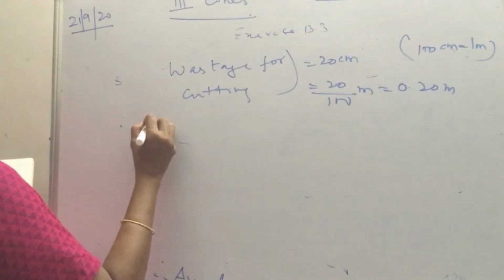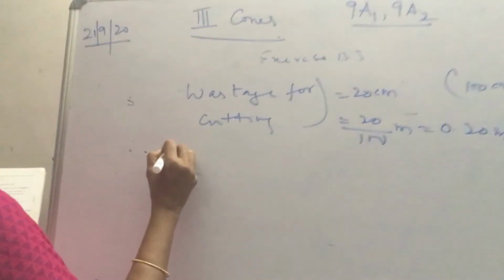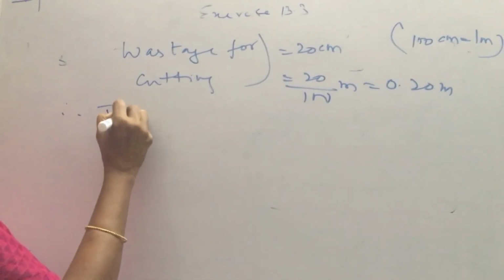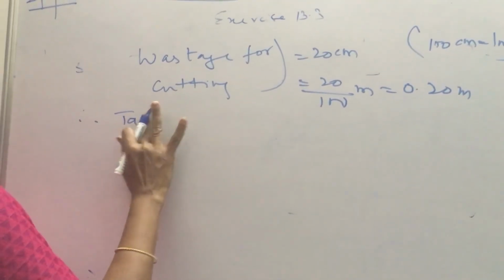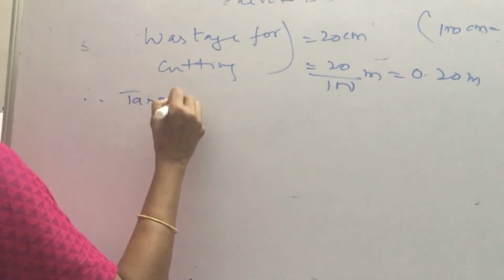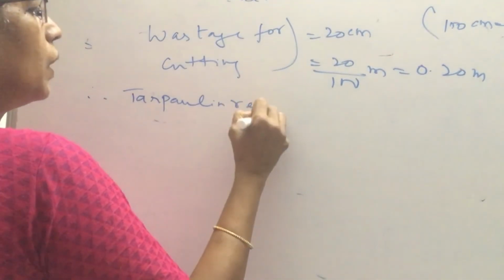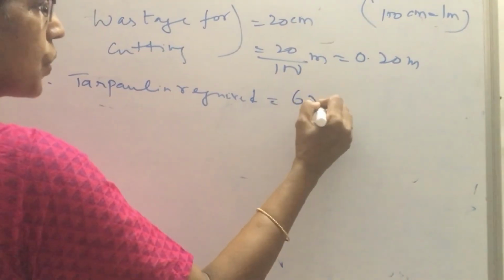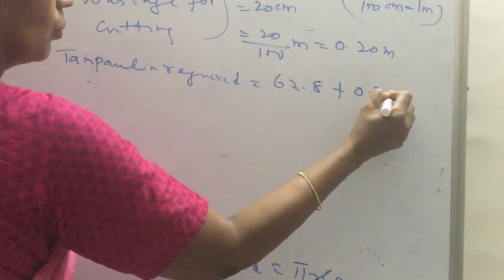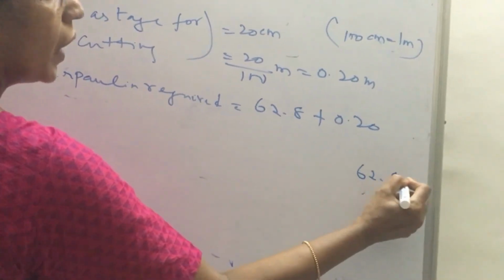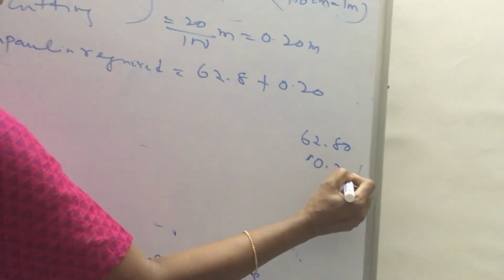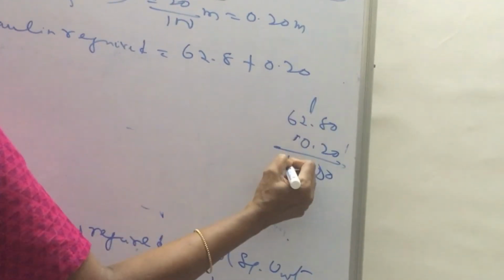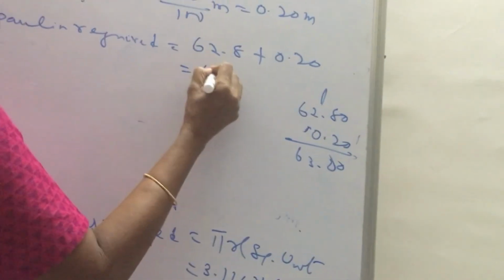Therefore, tarpaulin required is equal to the length plus wastage. 62.80 plus 0.20, carry on 1, we require 63 meters.